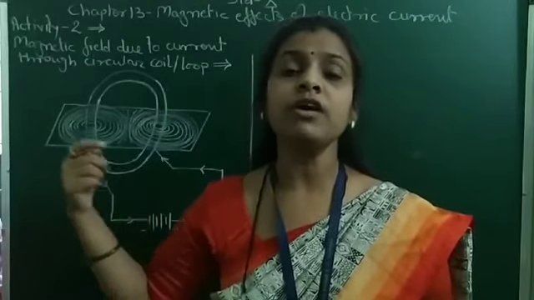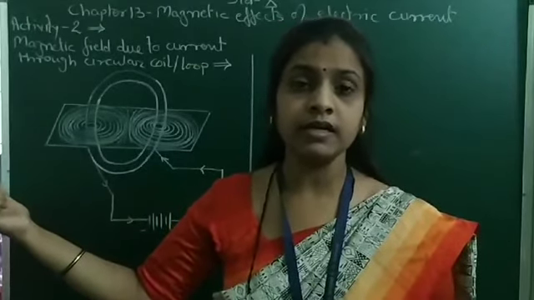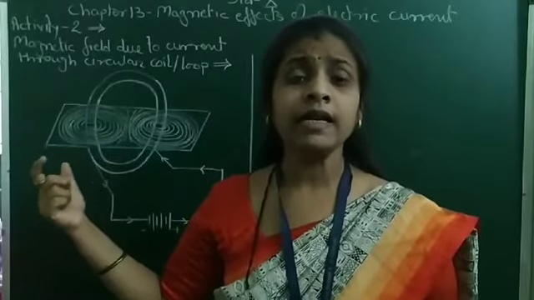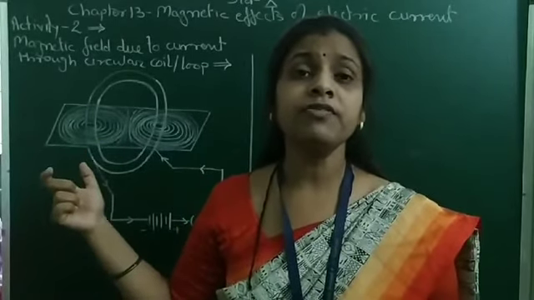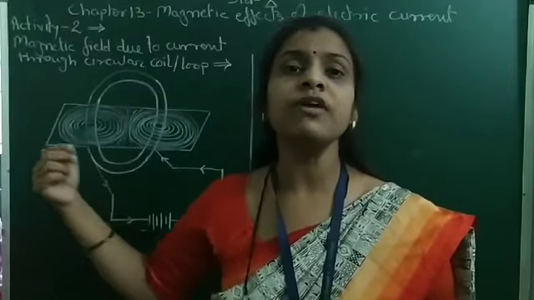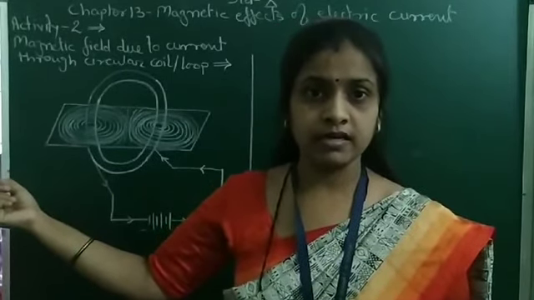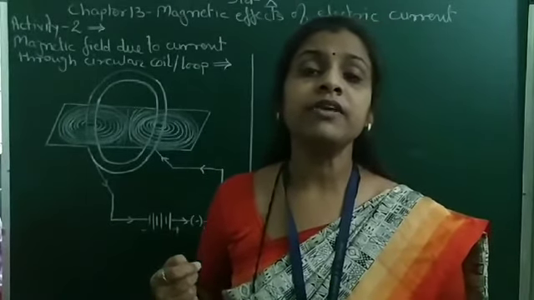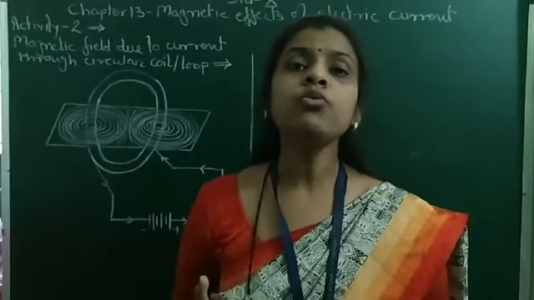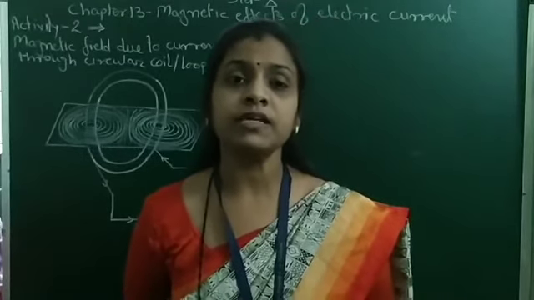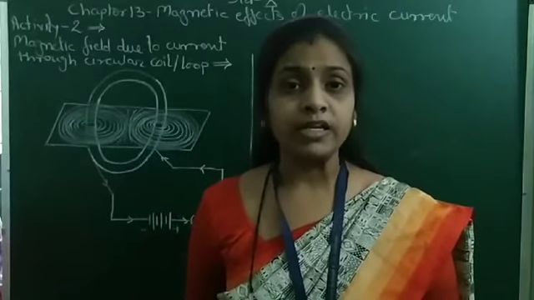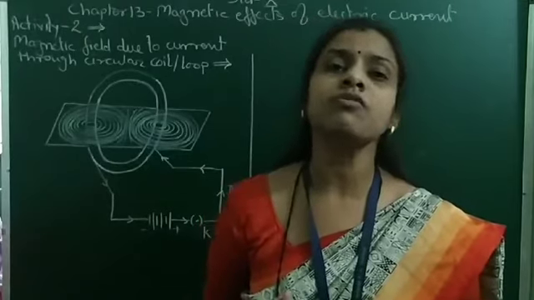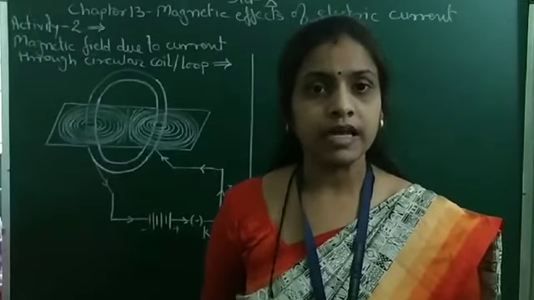As we move away from the conductor, the concentric circles become larger and larger, which indicates that the magnetic field decreases as we move away, and as we move towards the conductor, the magnetic field increases. So the two main factors which affect the magnetic field are the magnitude of electric current and the perpendicular distance of a point from the straight current carrying conductor.